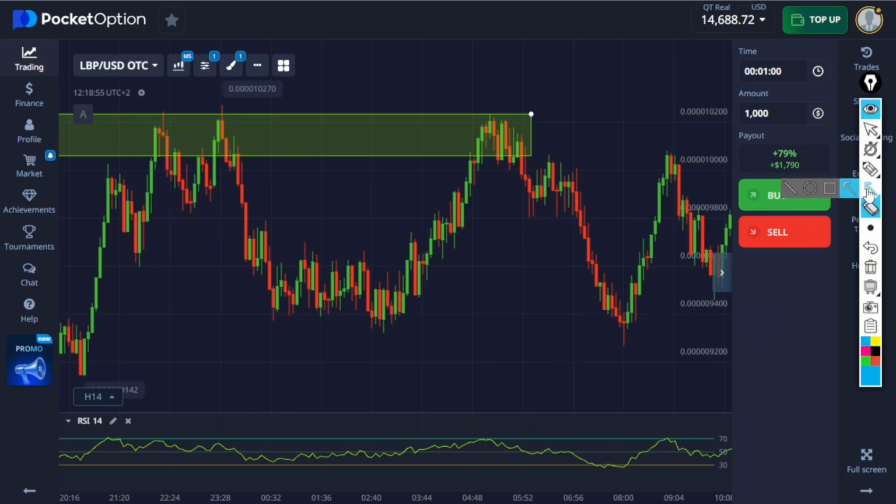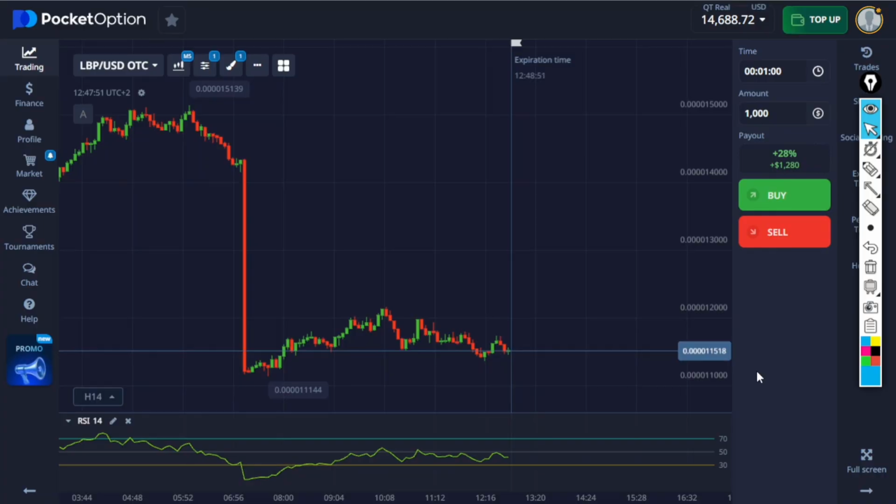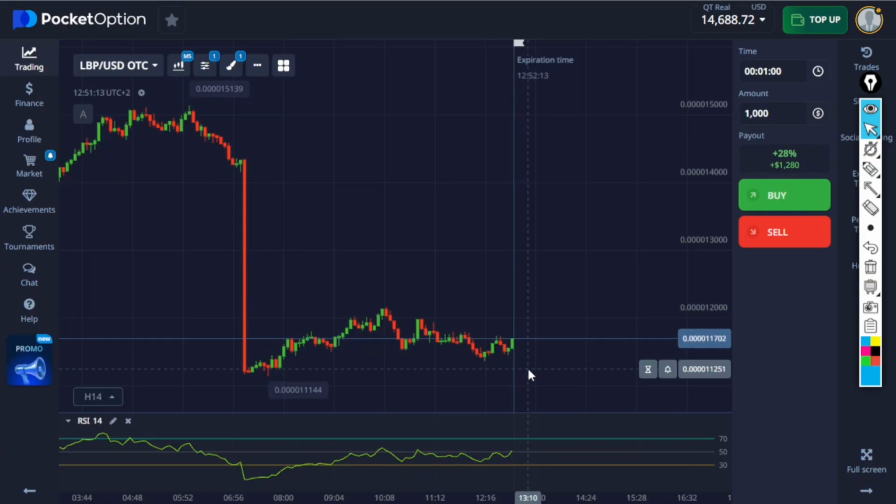And what happened? The price dropped beautifully, ultimately respecting the resistance zone. I mean, the power of combining the RSI with support and resistance just goes to show you how incredibly effective it is.